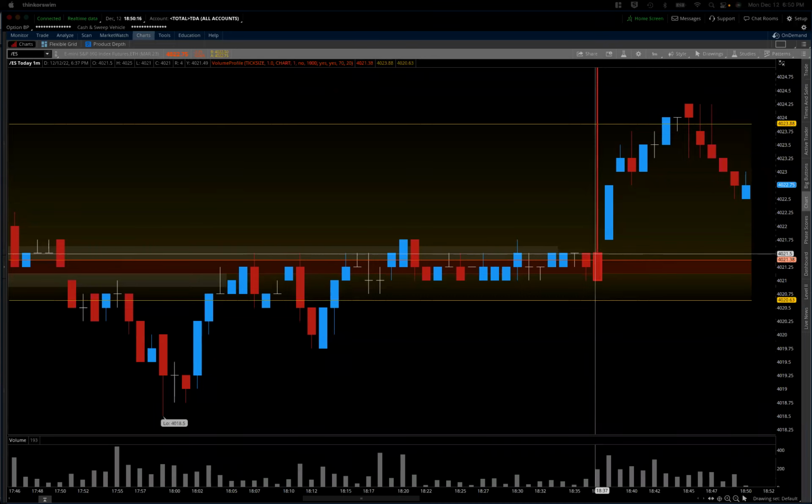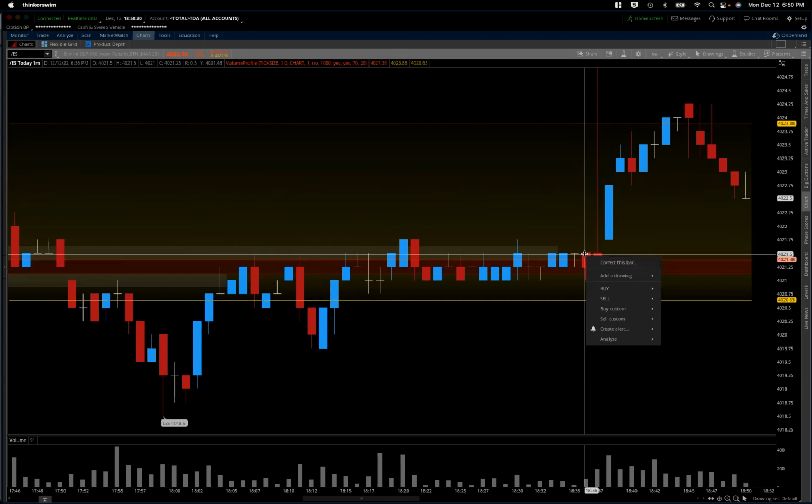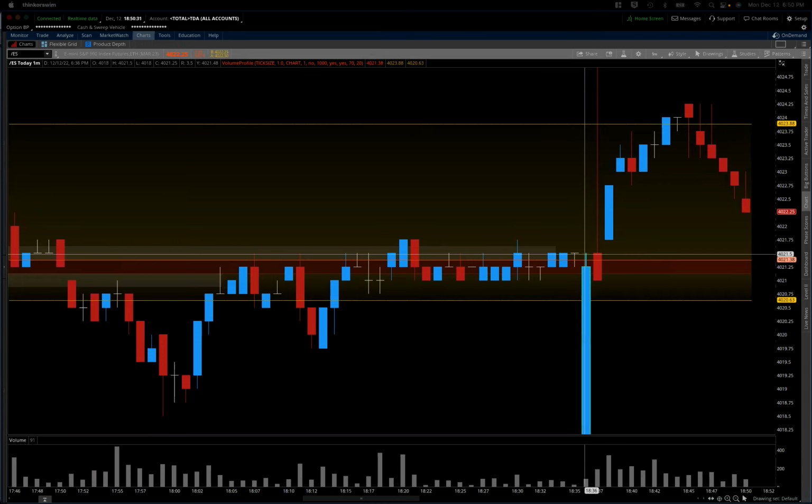There we go. Okay, so for example, that is really aggressive, but hopefully this illustrates the point. If you see some kind of candle such as this, I'm totally blowing this example right now. Sorry.